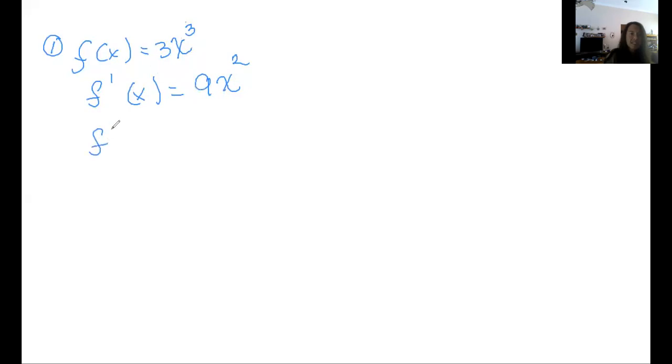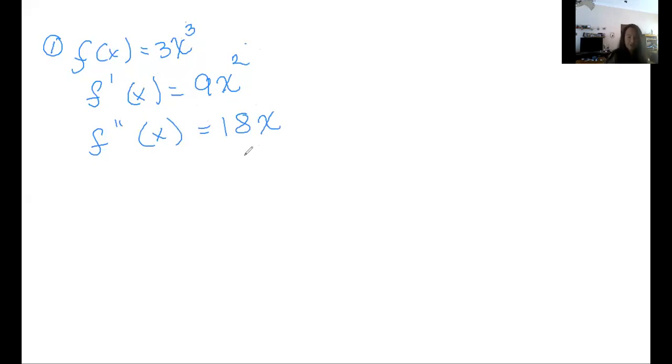But you can take the second derivative, and that would be a function, because if you take a derivative of a function, you get a function. I could go ahead and keep going. You could take the derivative of a derivative, and that would be 18x.